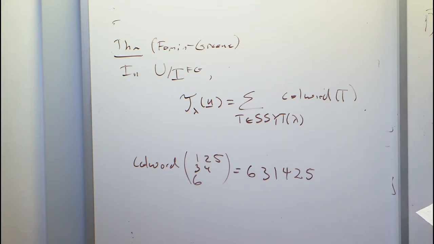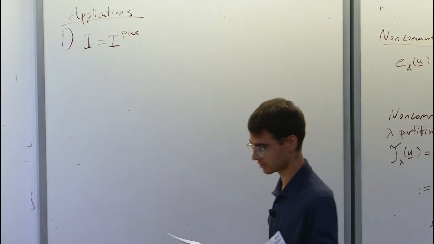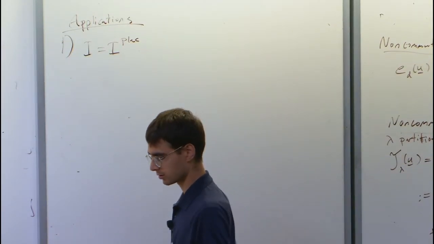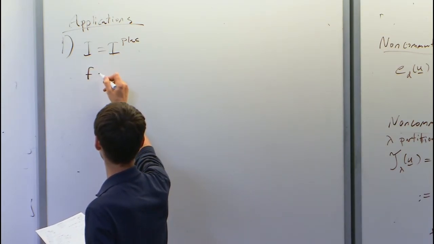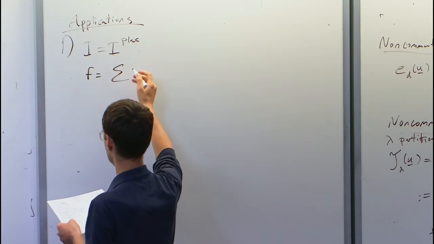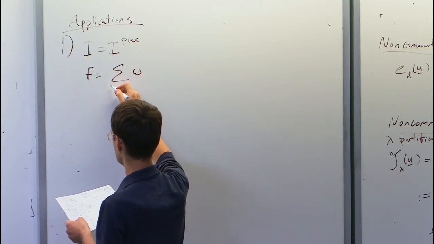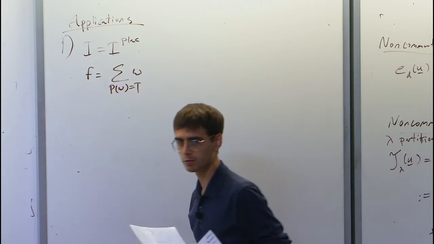So we're going to let I equal the defining ideal of the plactic algebra, the two-sided ideal corresponding to those relations I wrote down before. Those are on your sheet in Figure 2. And we'll let F be the sum of words in some Knuth equivalence class.